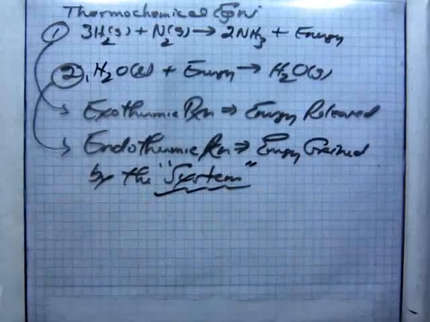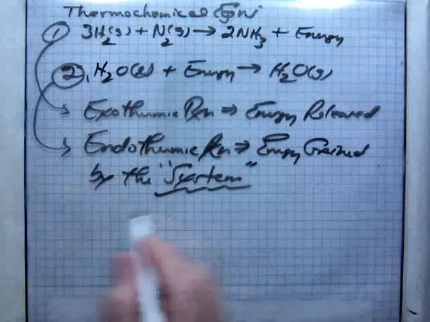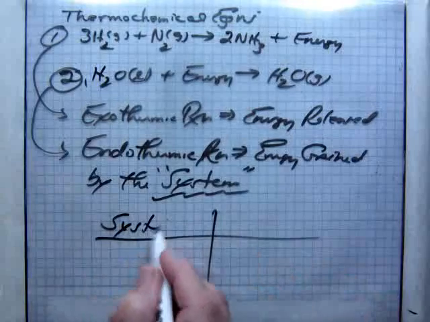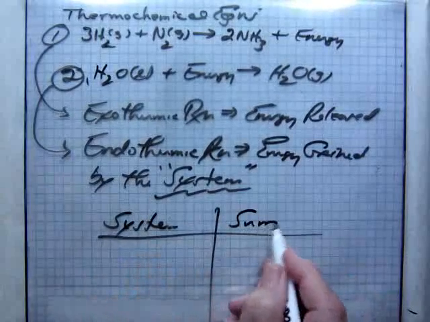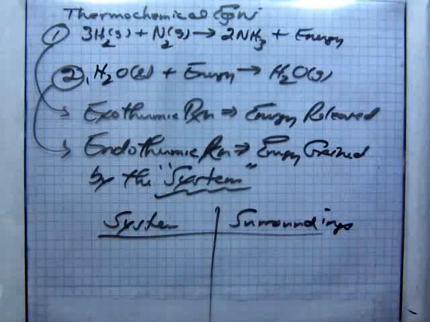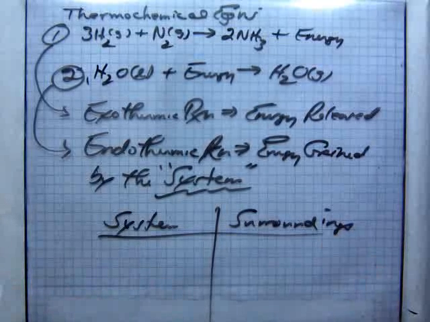Now, in order to define endo and exothermic, you have to understand what we mean by system and surroundings. Make a little T-table like this. And we're talking about the flow of heat between the system and surroundings. The system is the object of interest, that in our case, chemical reaction.